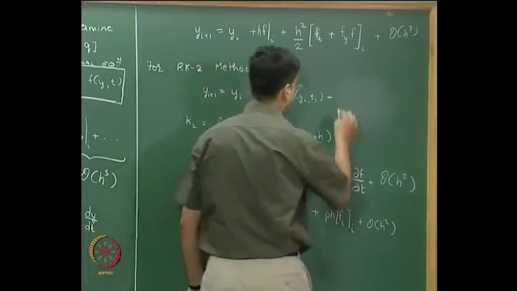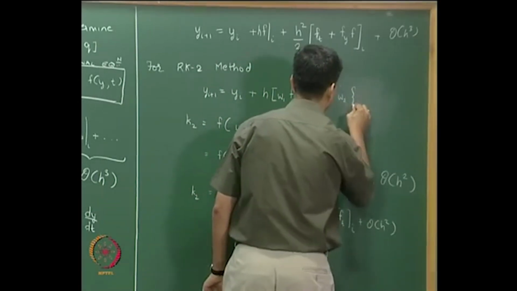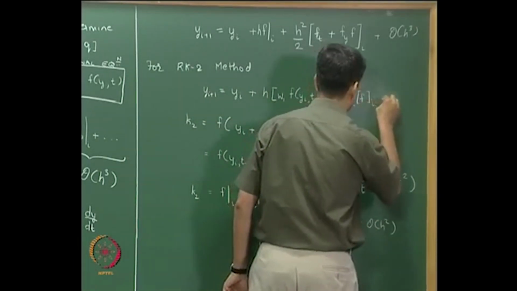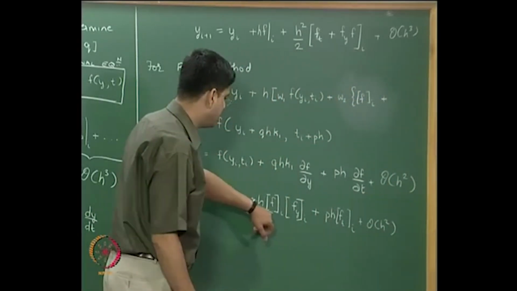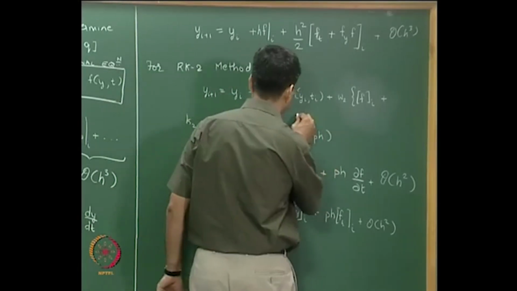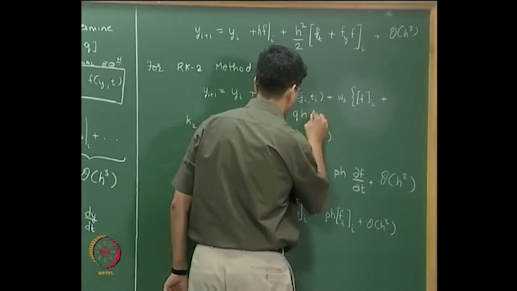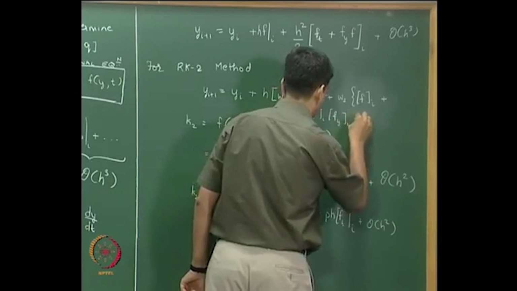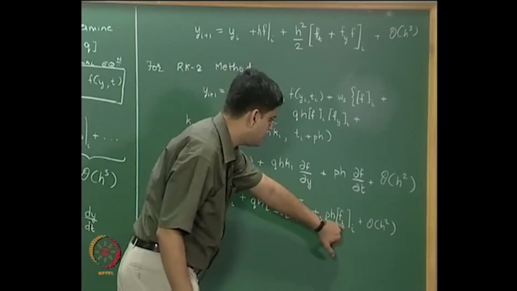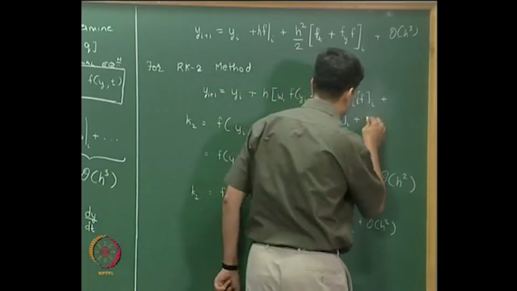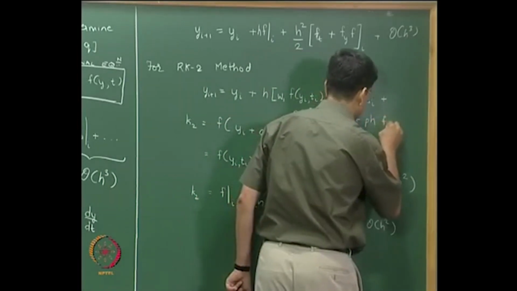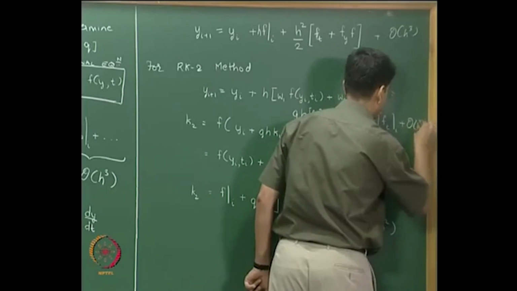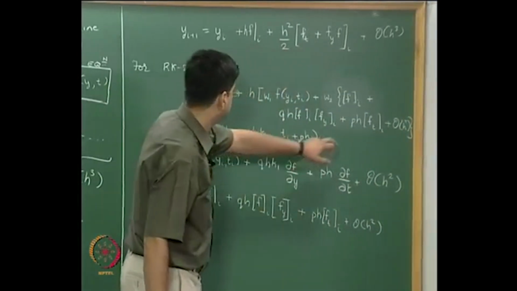So it is going to be w2 multiplied by f computed at i plus q h multiplied by f and multiplied by f_y, plus ph multiplied by f_t at i, plus O of h squared.